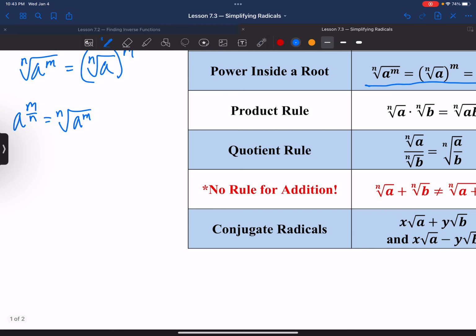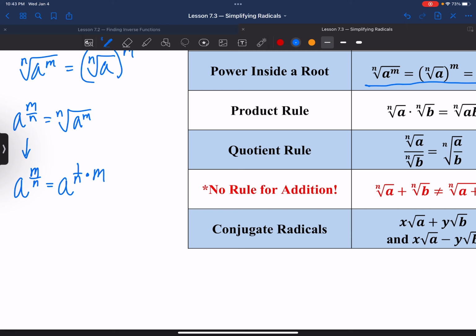If I look at a to the power of m over n, you can rewrite that as a to the power of 1 over n to the power of m. Why, Mr. Spake? Why can you do that? Well, look. A to the m over n equals a to the 1 over n times m.